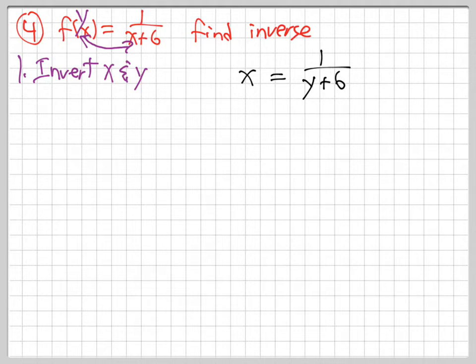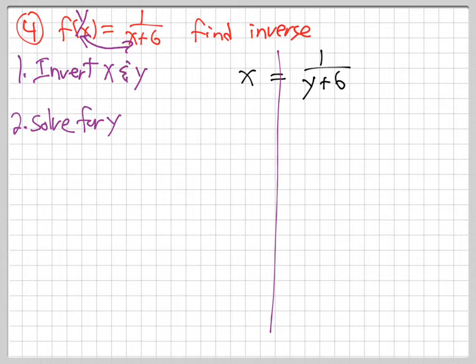Okay. Number 2. Solve for y. So here we have the wall of separation. The y is saying, I want to be alone. So what do we always do when we have a fraction? Let me just put it back the way it was. How do we handle that? We always put this over 1 and go diagonal, diagonal, don't we?